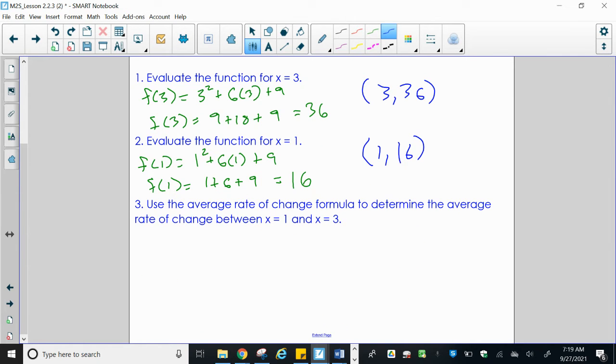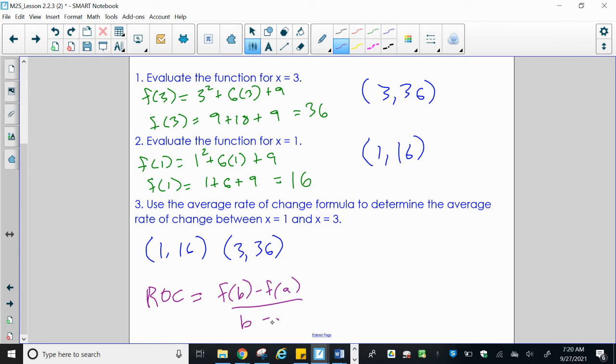Now we're going to use our rate of change formula to determine the rate of change between these 2 points. So our 2 points again were (1, 16) and (3, 36). And our formula for rate of change, sometimes you'll see ROC standing for rate of change, is f of b minus f of a all over b minus a.